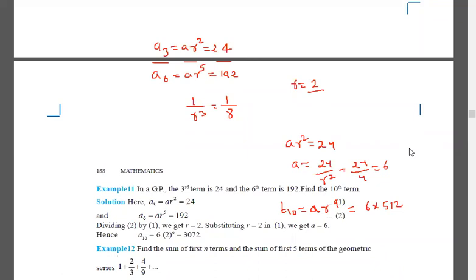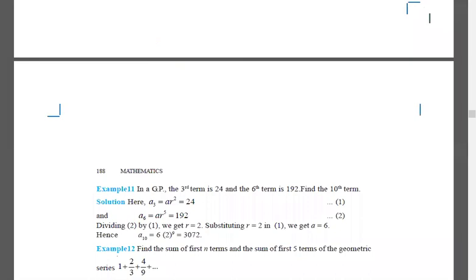Okay. Now try solving question number 12. Let's see, guys. First thing that you should do is find r. I hope all of you already know what is r. r is 2 by 3. Then sum of first n terms.